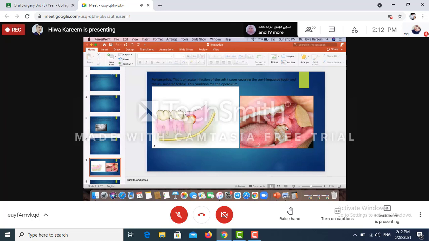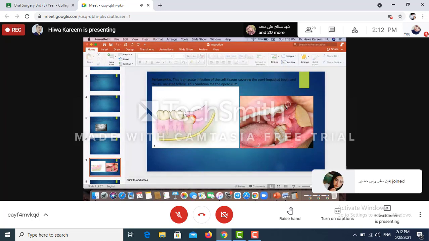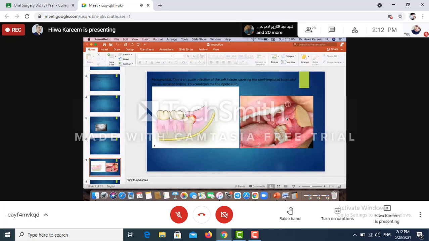In this condition, with acute infection or acute pericoronitis, you must give antibiotics to subside the infection. After that, we extract the lower wisdom tooth, or sometimes extract the opposing tooth, since the pressure of the opposing tooth on this soft tissue leads to infection.